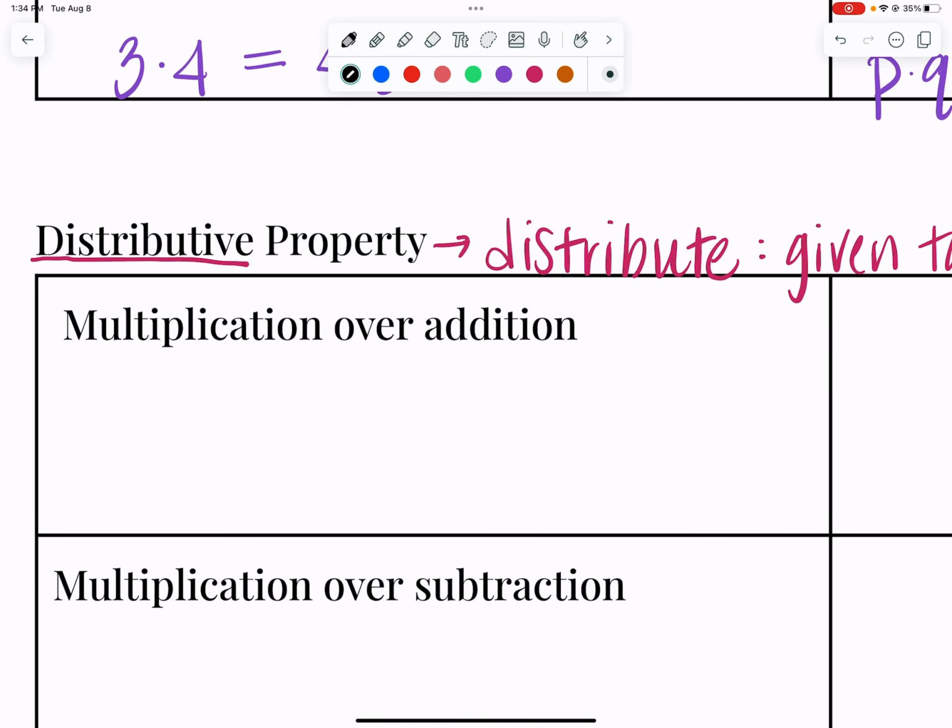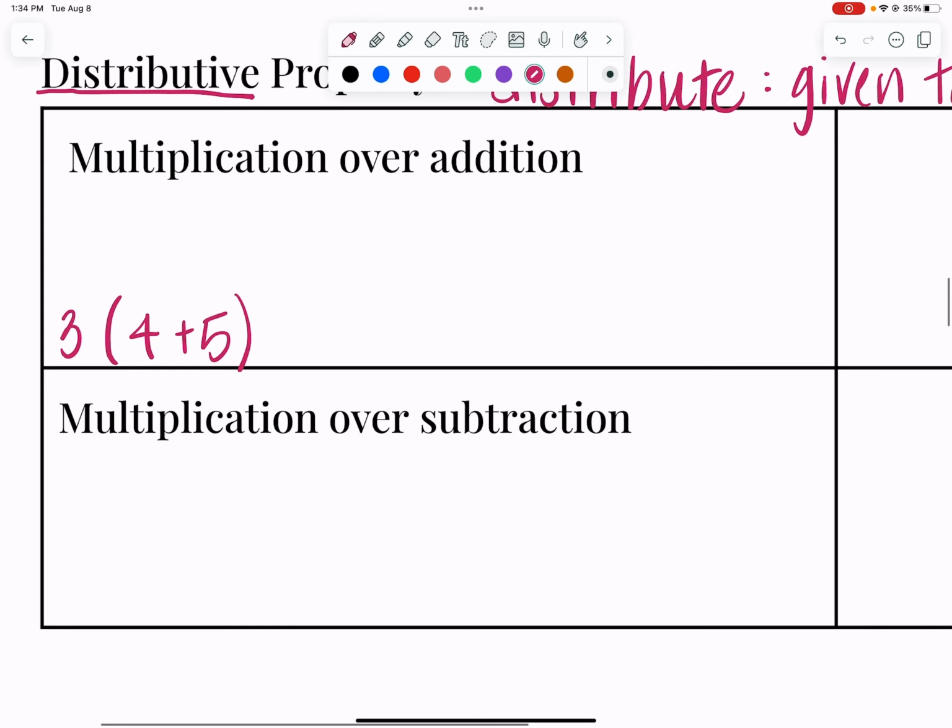Typically, we'll do it with numbers first, then we'll do it with letters because that's the one you're more likely to see. You might have 3 times 4 plus 5. And yes, I realize you guys could add 4 and 5 and get 9 and multiply by 3. No big deal.